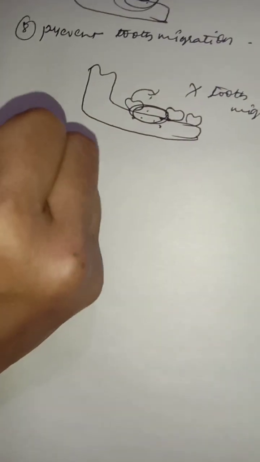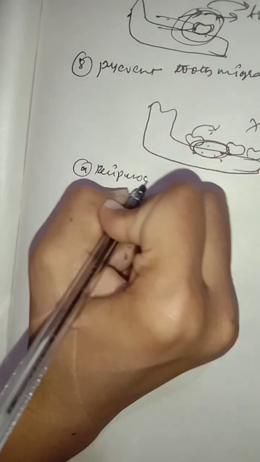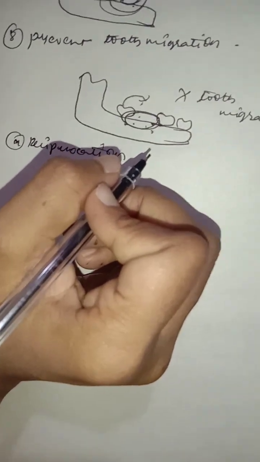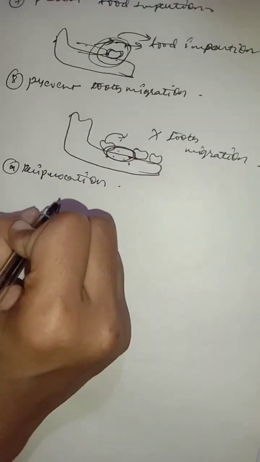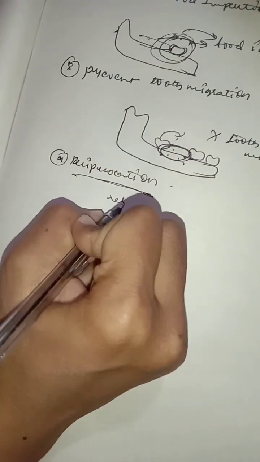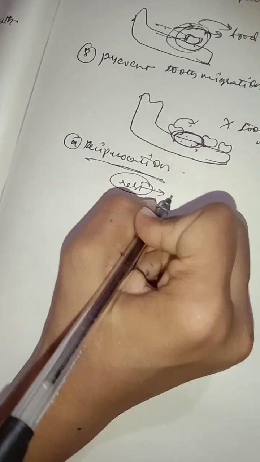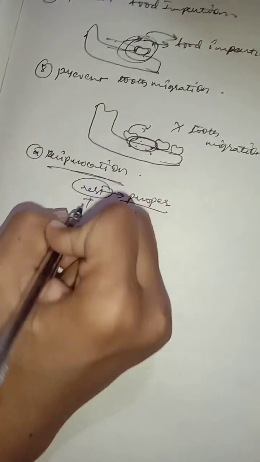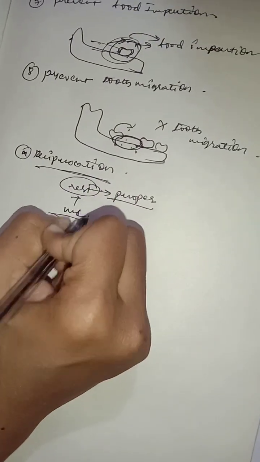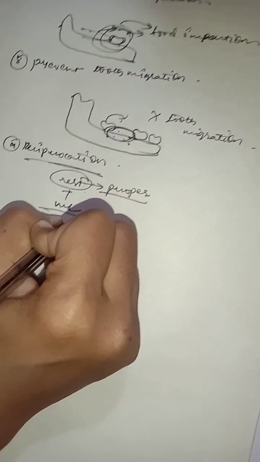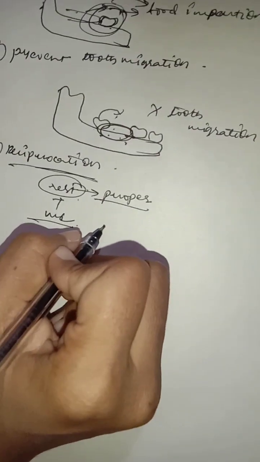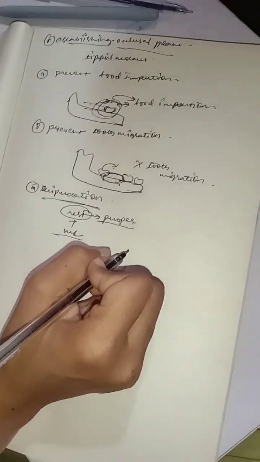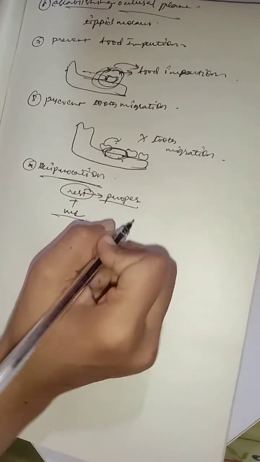And one more function is reciprocation. What is reciprocation? It is the planned design of the rest along with the minor connector. So the rest which we are placing is placed along with the minor connector, and it reciprocates the stresses that can be generated by the retentive arm of the clasp assembled on the abutment tooth.